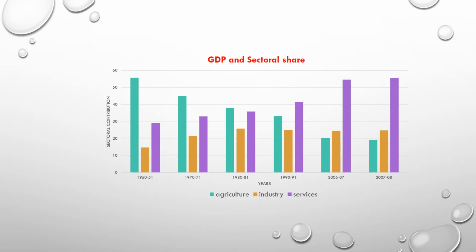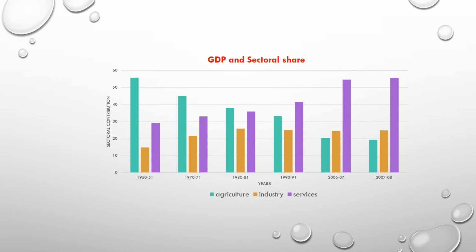Here you can see this is the picture. This green part shows the agricultural sector, next one is industrial sector, and third one is service sector.